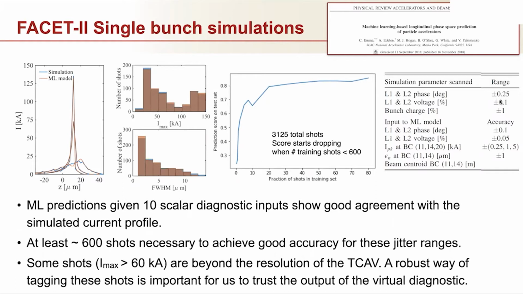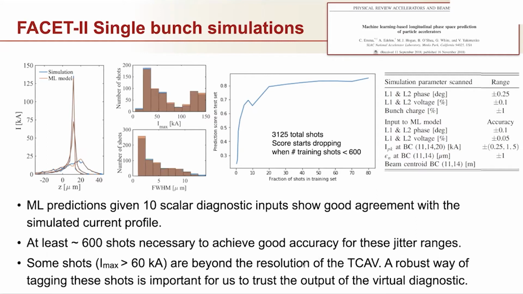So 1/4 degree, 0.1% variations, which we expect, as I said, from just shot-to-shot jitter. And I guess the important point from here is that some shots we know will be beyond the resolution of our TCAV. In this case, for this study, I was just calculating the peak current based on a histogram of the macroparticle distribution, not yet simulating the smearing of the TCAV.